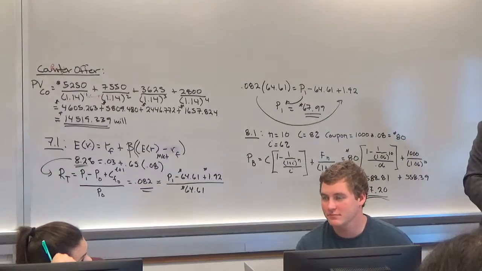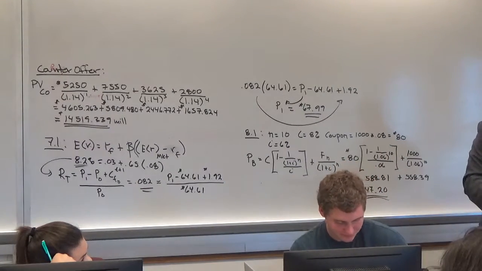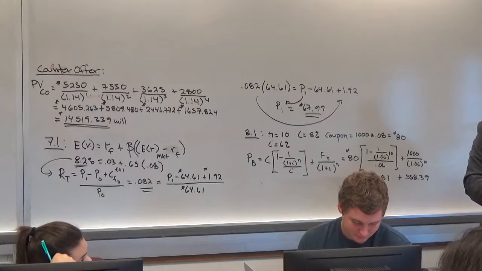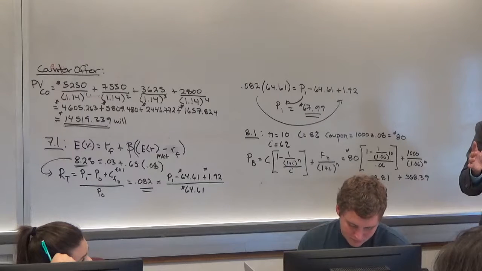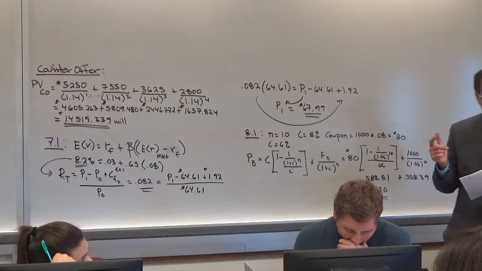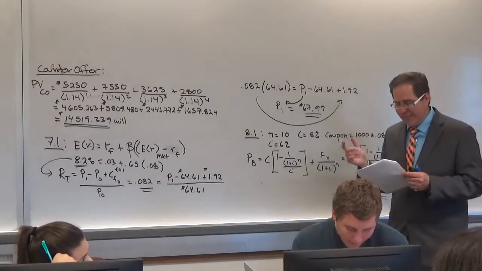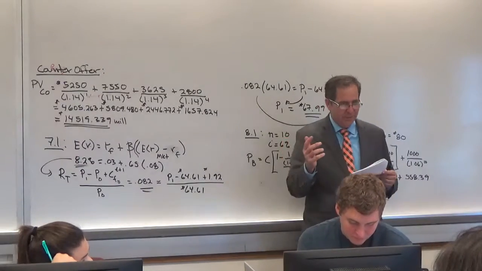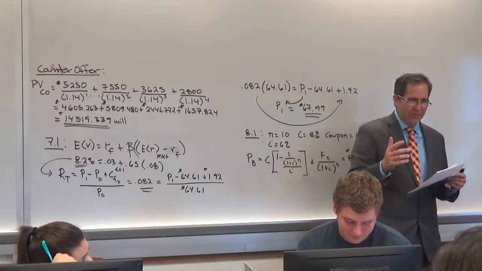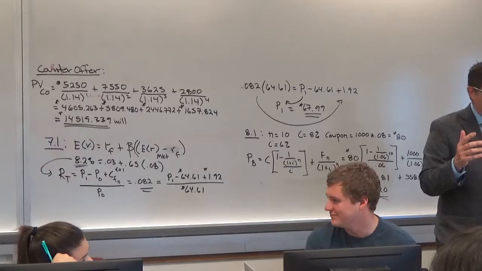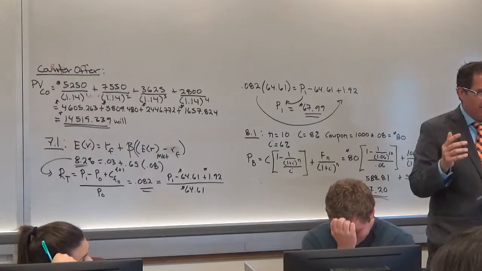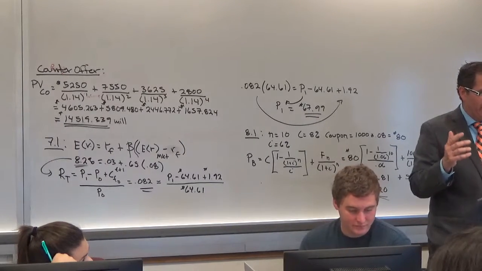On the exam, you can lay it out: show me 8 periods of $30 each, with the semi-annual discount factor, discount the cash flows, and tell me what you get. I don't care if it's $868.68. I don't care what value you come up with, as long as you know that since it's trading at a discount, the market interest rate, the yield to maturity, has to be higher than the coupon.